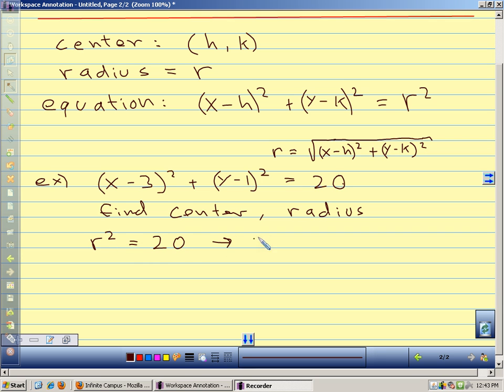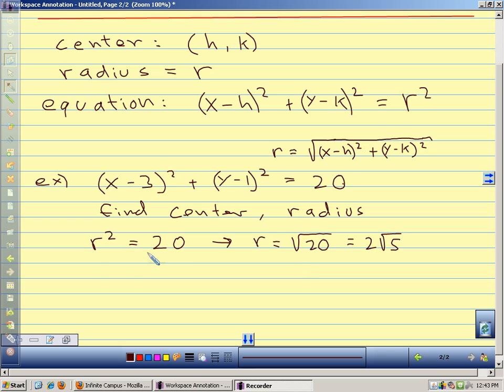That tells us that r equals the square root of 20. And if I simplify the square root, this simplifies to 2 square root 5. So my radius is 2 times the square root of 5, or the square root of 20.